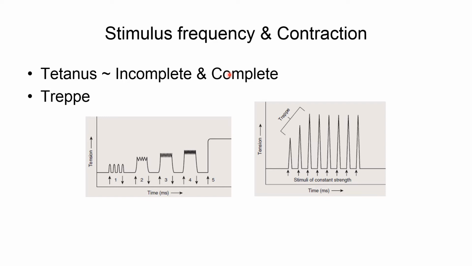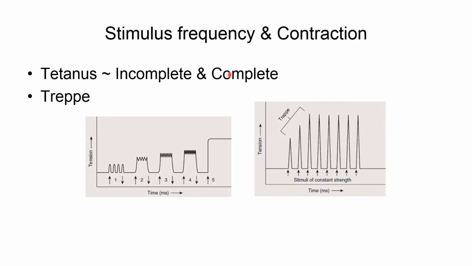So the contraction becomes sustained, the muscle remains contracted. That condition, sustained contraction, is called tetanic contraction.